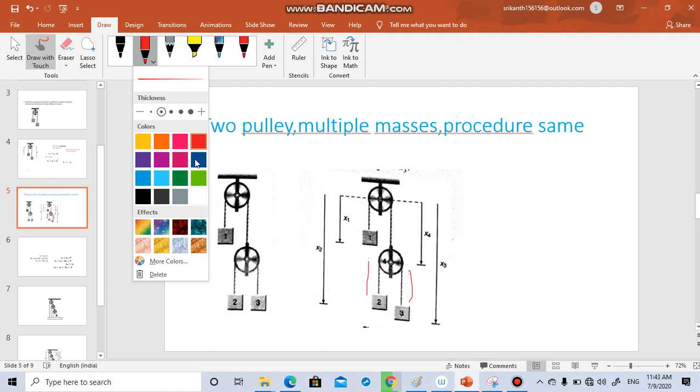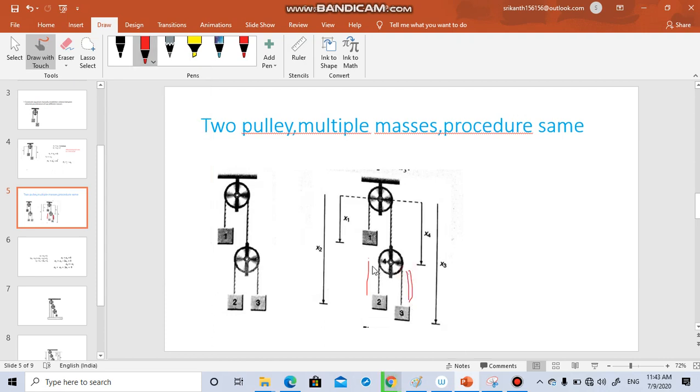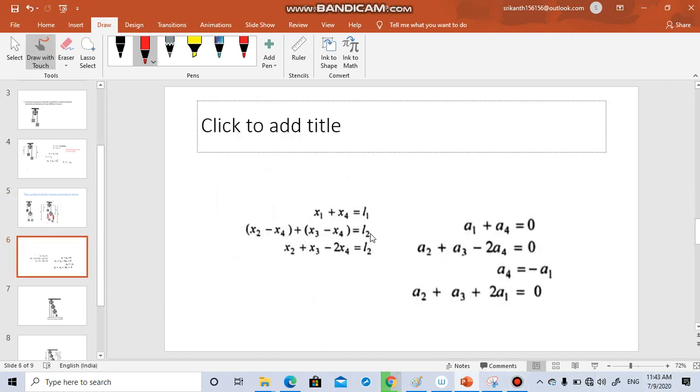Both lengths are tackled here. Basically we have found out this length and this length, and we are ignoring the small length. So this is what is your L2.